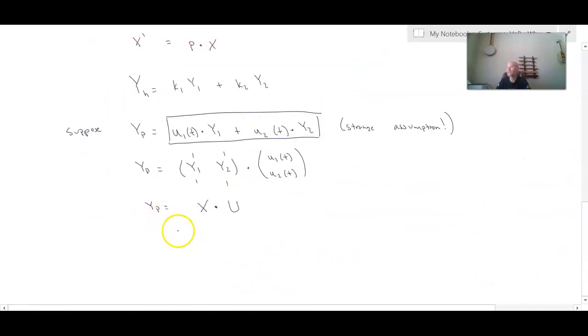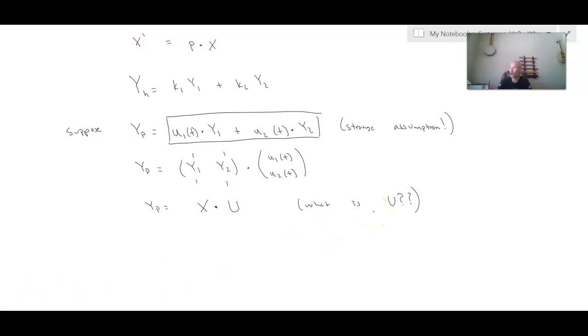Well, the task is, under this assumption, if it's true, and it is, then we need to figure out what is U, right? We need to know what is U, not who are you, but what is U. That's what we are after right now. So somehow we need to be able to solve for U.